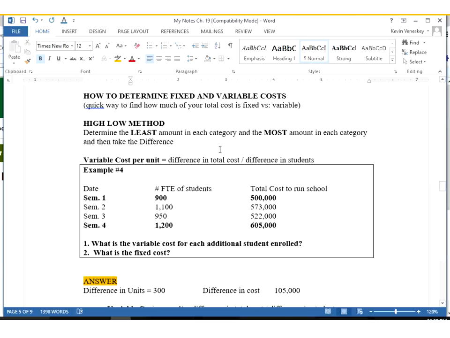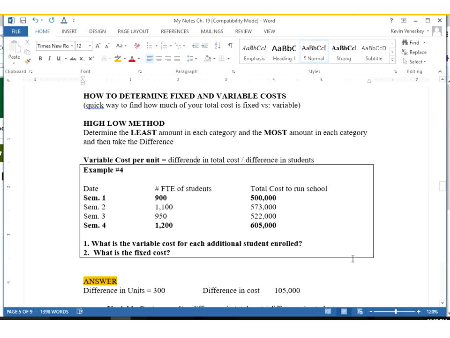All you've got to have is total cost and items actually sold or whatever you're comparing. So what you have to do is in each of the columns, you have to find the least amount and the most amount, and then take the difference, and then simply divide. And that's going to give us our variable cost per unit. So we're going to find the difference.